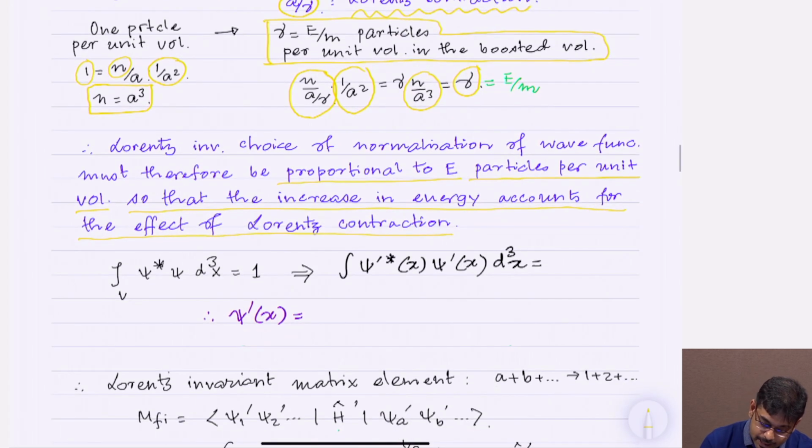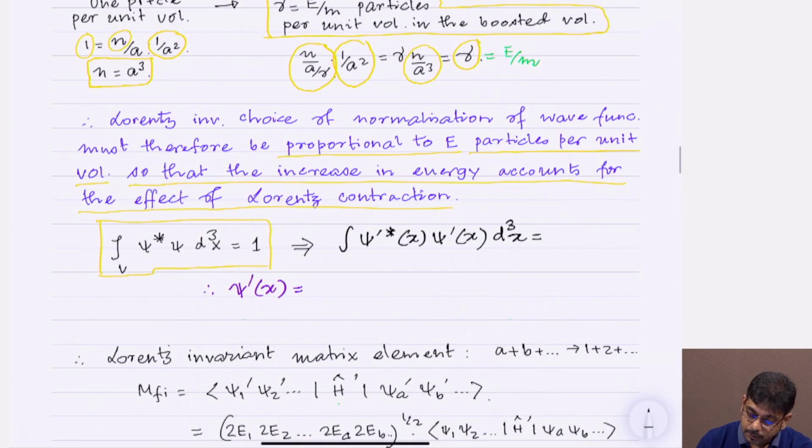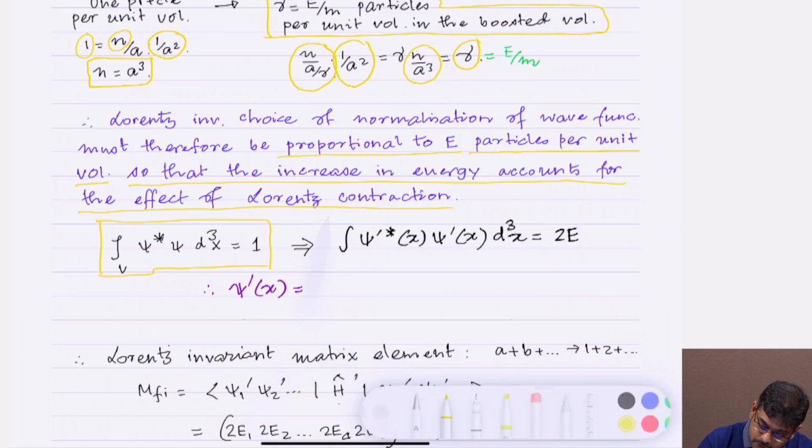So, in a sense, the way that we were normalizing in the non-relativistic case was psi star psi d cube x equal to 1. But now what we are going to do, instead of doing this, is rewrite this with psi prime, let us define the wave function in the relativistic case as psi prime, so psi prime star x, psi prime x d cube x, and we are arguing that this must be equal to the energy to comply with the Lorentz contraction.